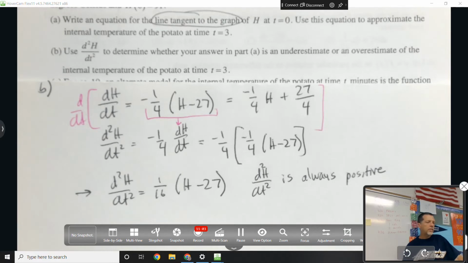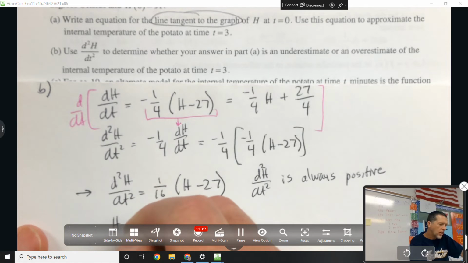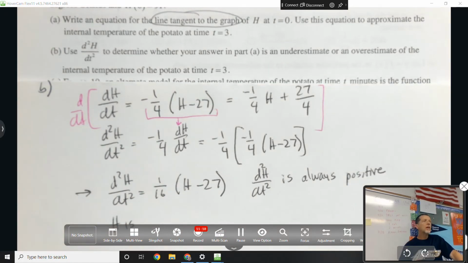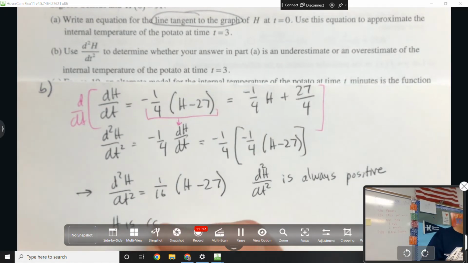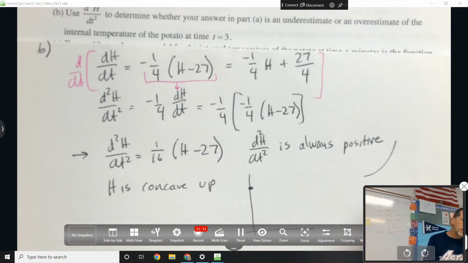So if the second derivative is positive, what does that tell me about h? It's concave up. But there's two ways to be concave up. I can be concave up increasing, or I could be concave up decreasing.